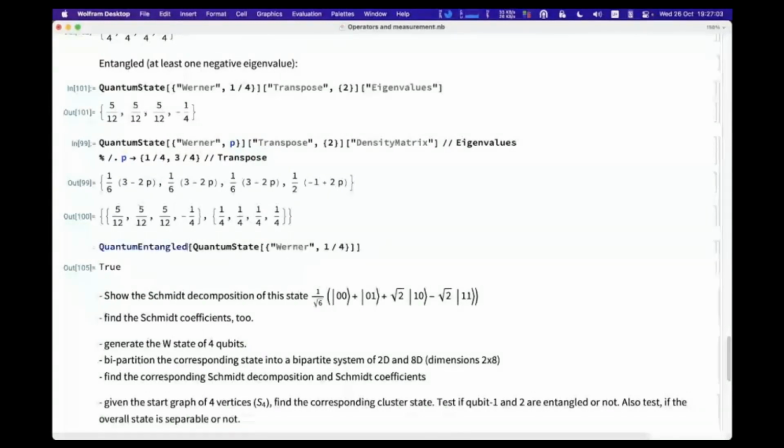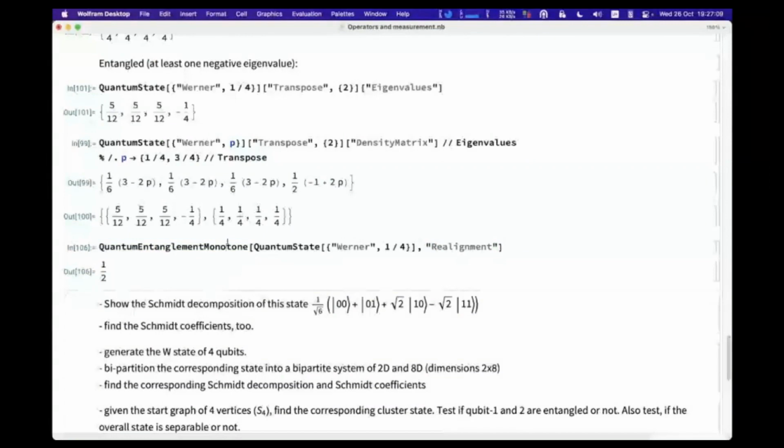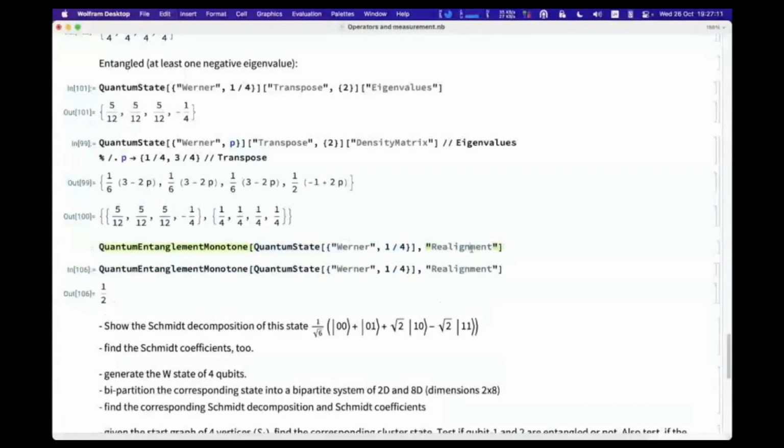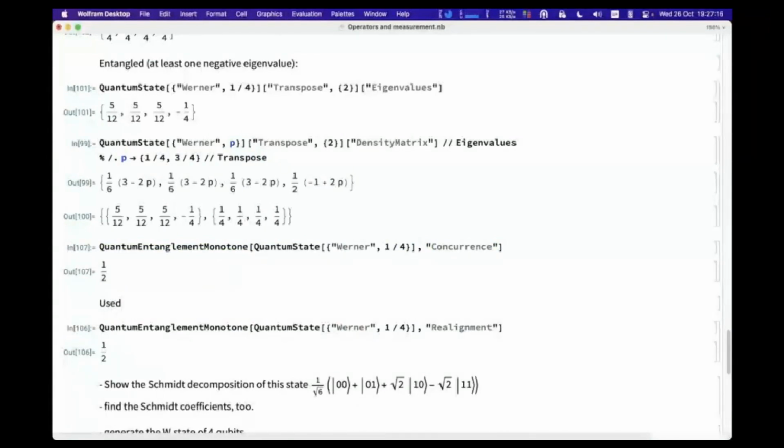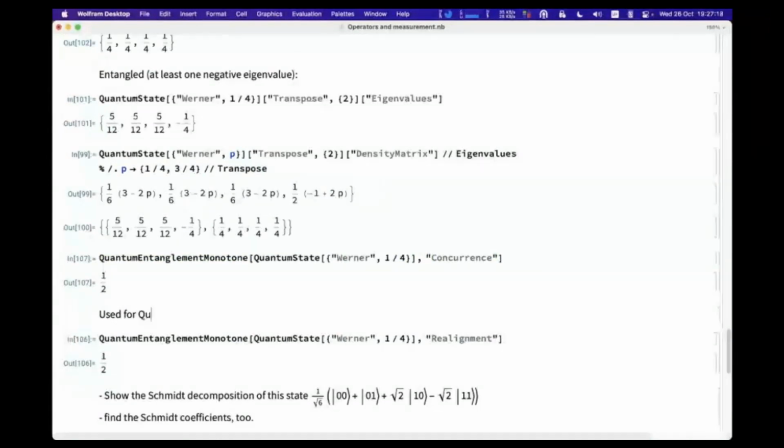You can use different measures to calculate the entanglement. You can go with the concurrence, or the Rényi entropy. Realignment is one of the most interesting ones, and that's the default one.